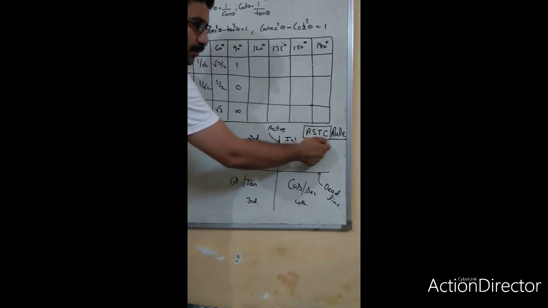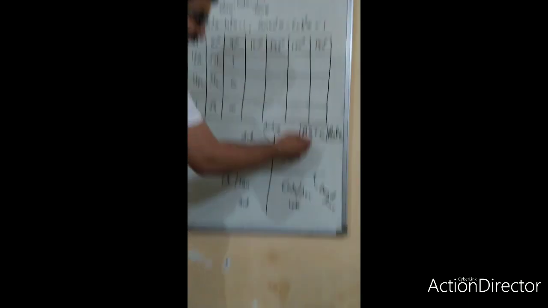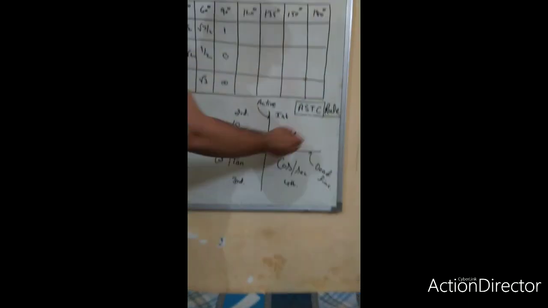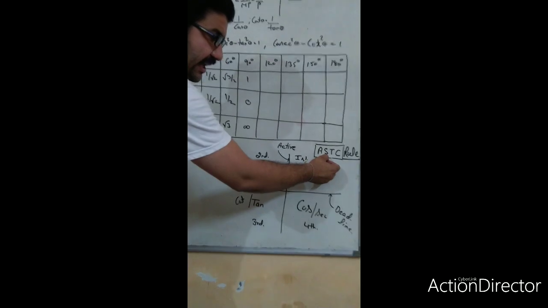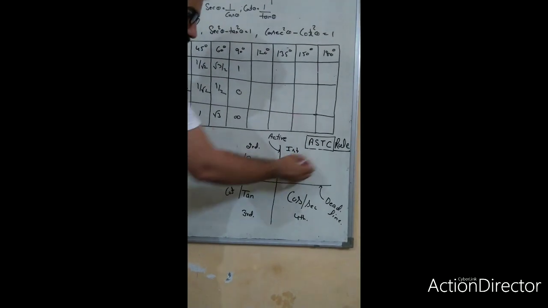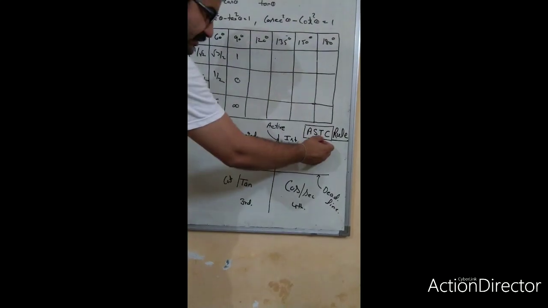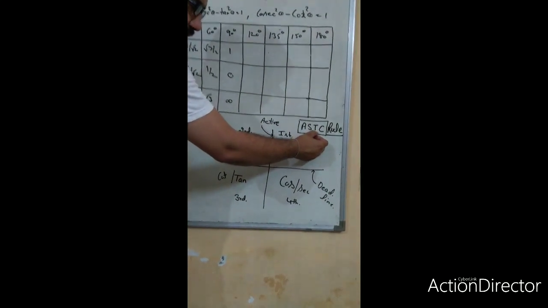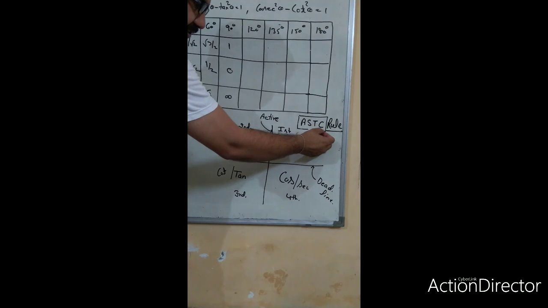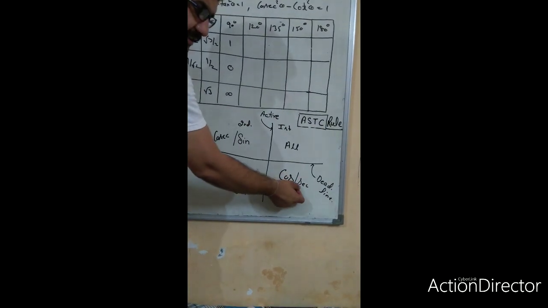Add sugar to coffee means in first quadrant, A is for all trigonometric ratios positive, but in case of S, sine and its reciprocal cosecant will be positive and the rest of all 4 will be negative. In this third quadrant tan and its reciprocal cot will be positive, while in this one it will be cos and secant positive and the rest of all will be negative.